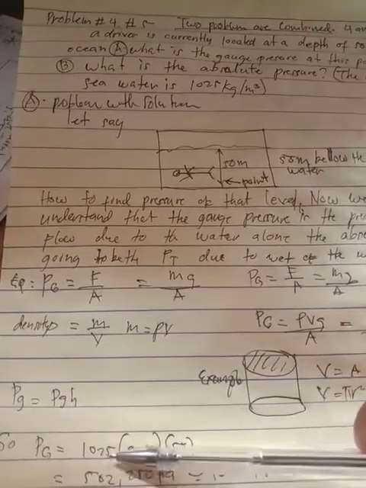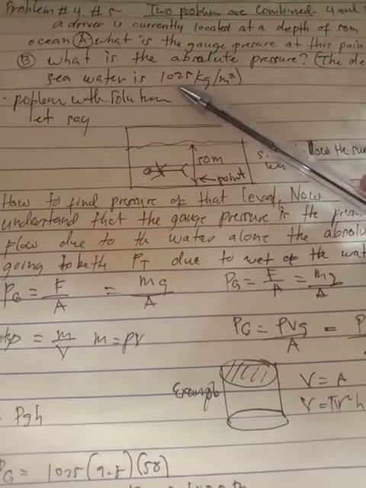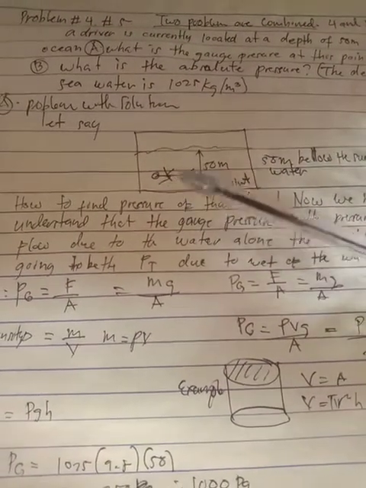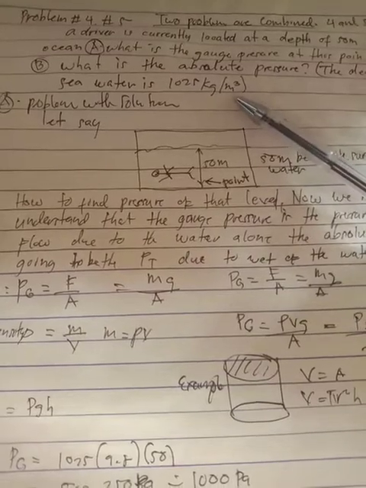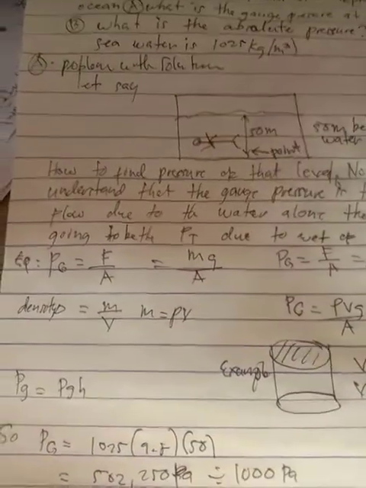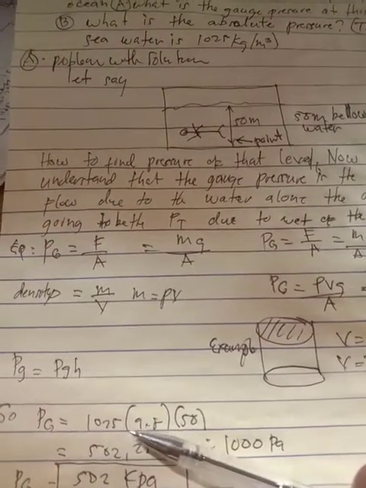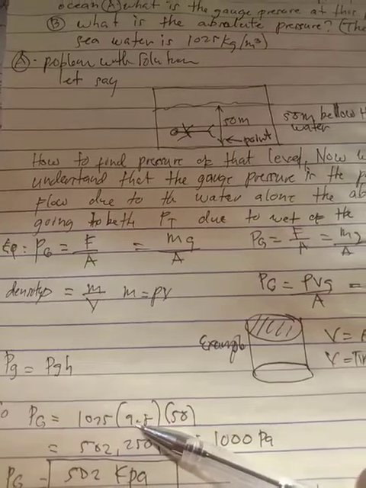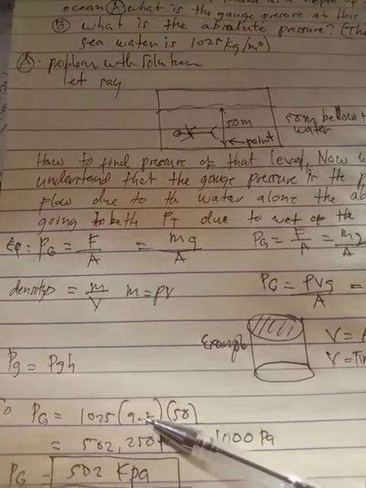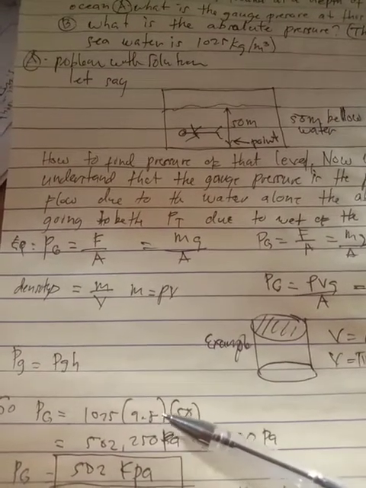Here are the values. The density is 1025 kg per cubic meter.